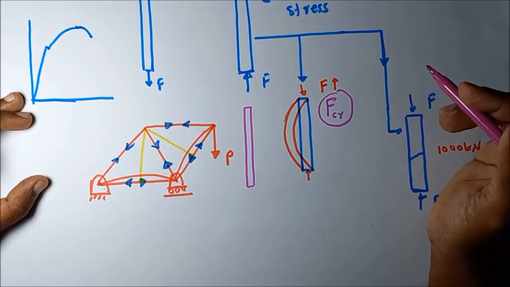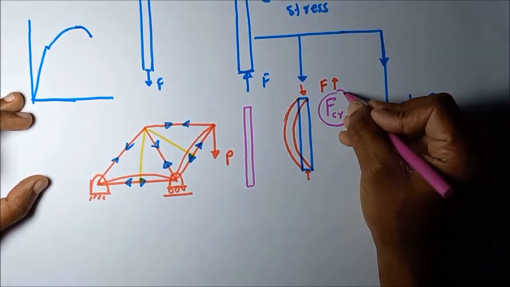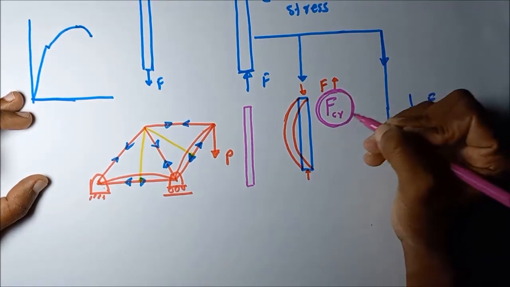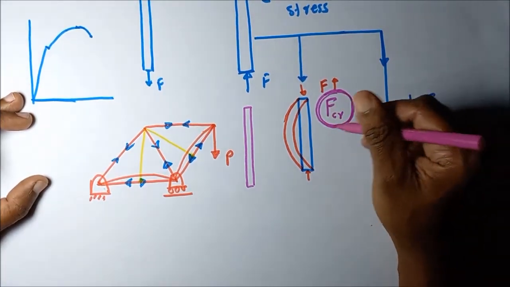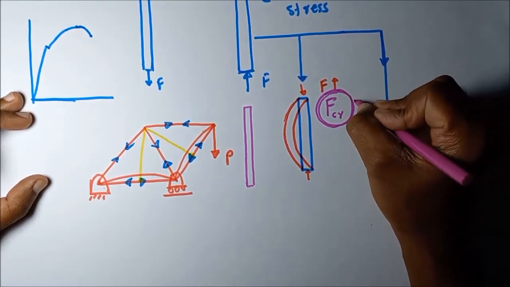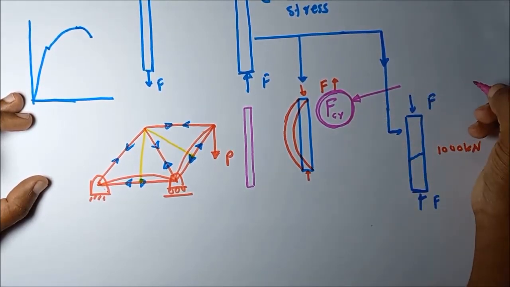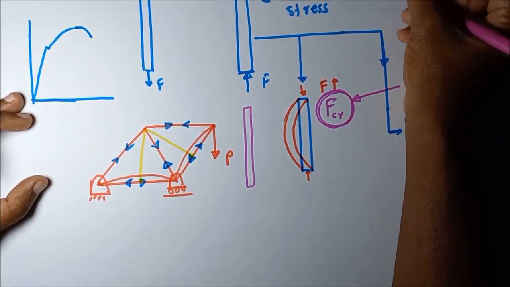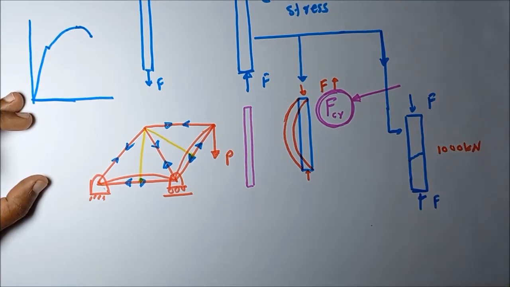It will fail due to buckling. The maximum load it can take before buckling, we call the critical buckling load. Then let's see what the factors affecting this critical buckling load are.